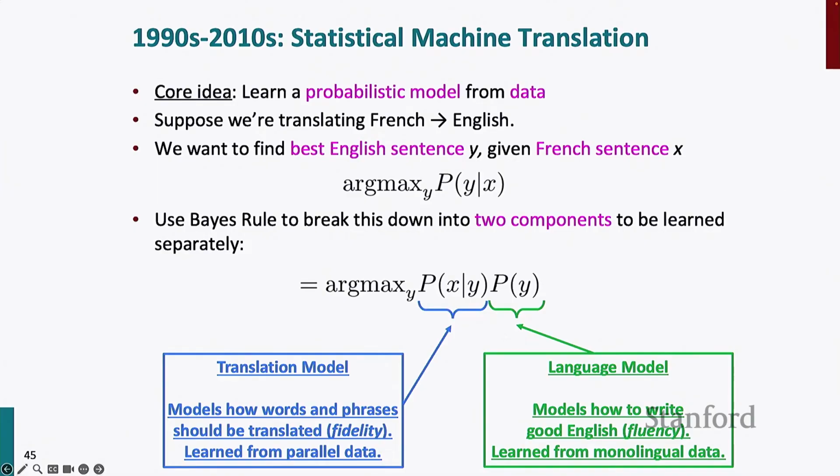So you could have a simple translation model, which just said, if you see the word homme in French, you might want to translate it as man or person, or put some probabilities on that. And then most of the cleverness was in the language model, which was telling you what would be a good sentence in the target language.